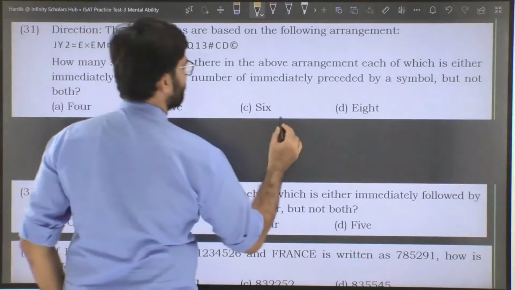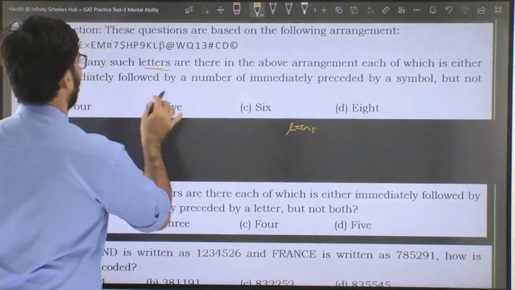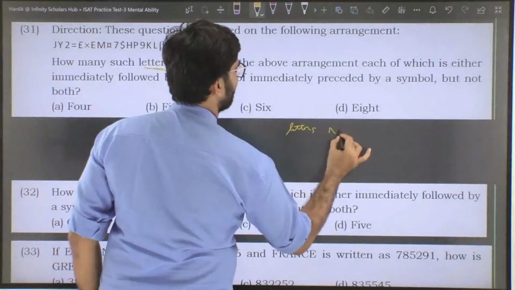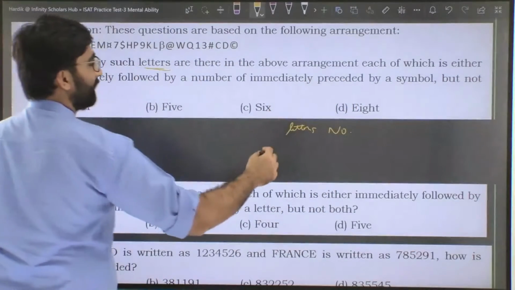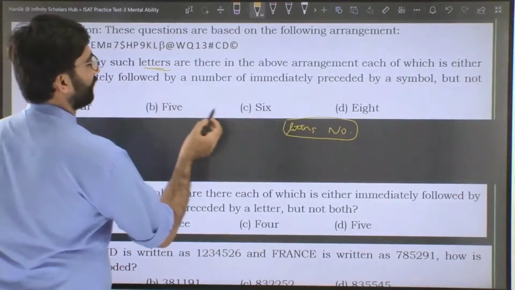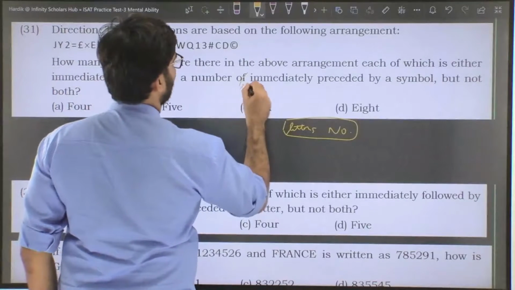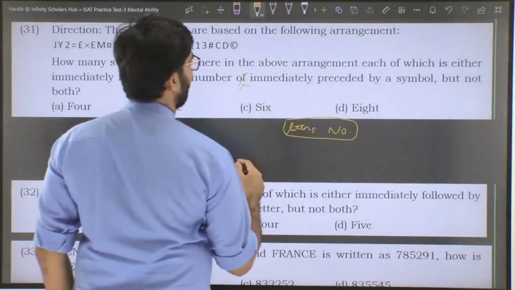So first of all you should write letters, and immediately followed by a number. They have written either, so it should be this, or the other thing they are saying, it should be immediately preceded by a symbol.